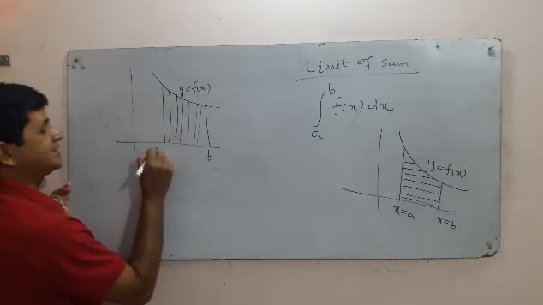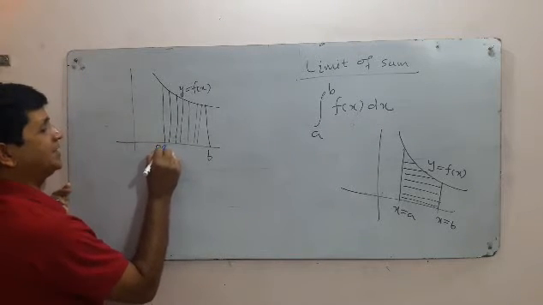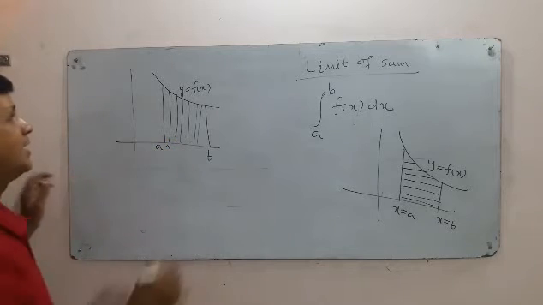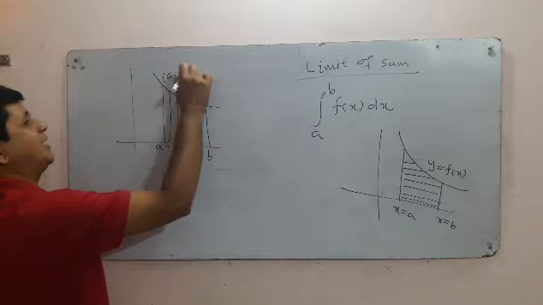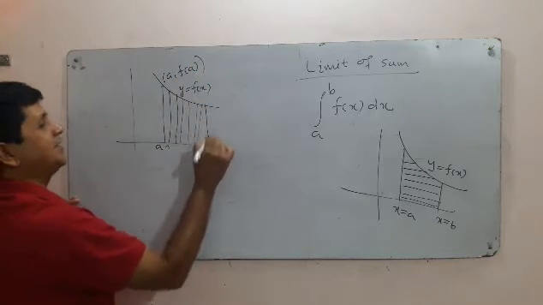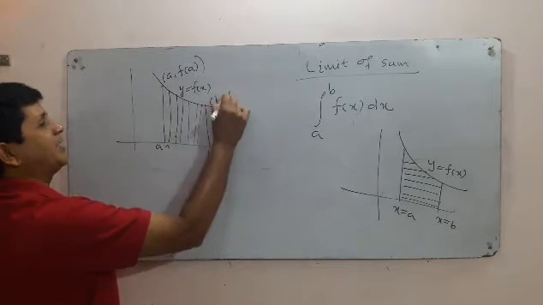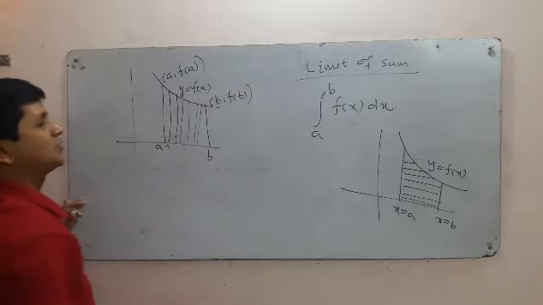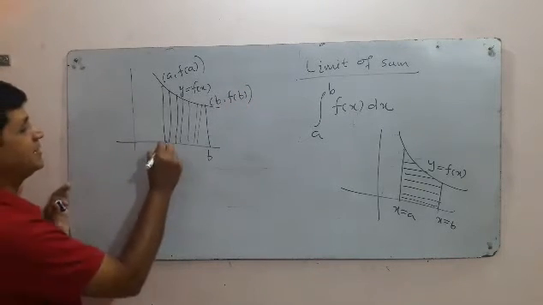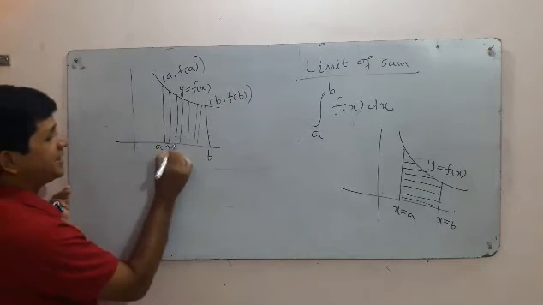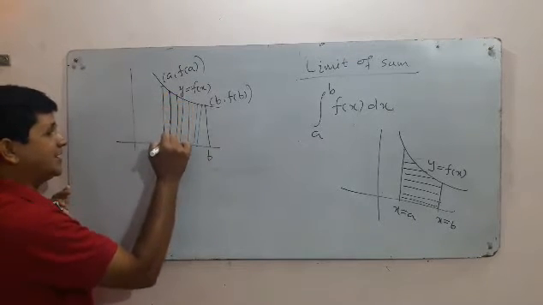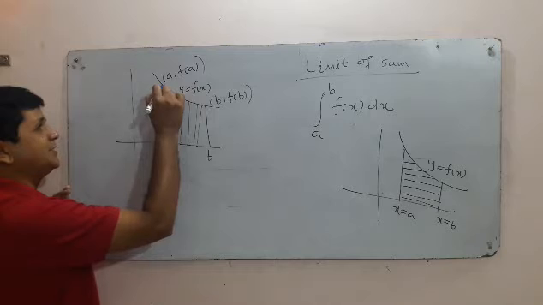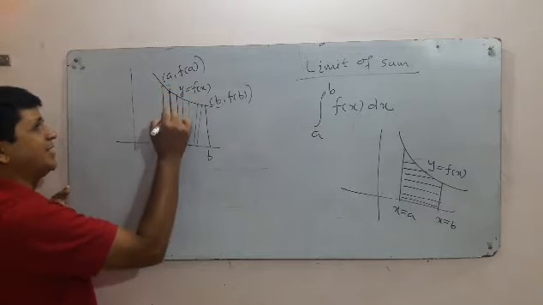Then this is a and this length is h, and this point is a comma f of a. Then similarly this point is b comma f of b. So that means if this length is h, what is the area of this portion? This is just the same as the area of this.